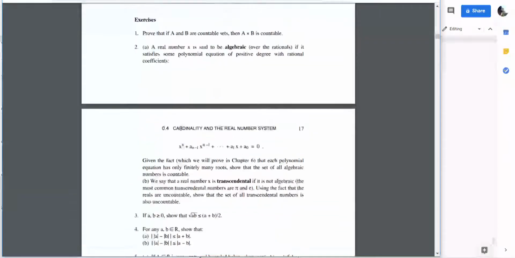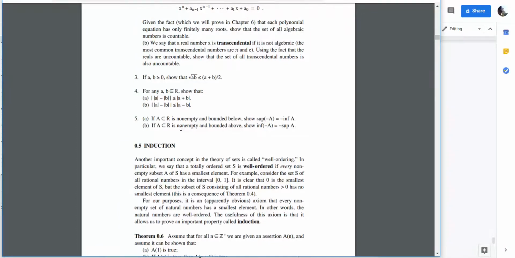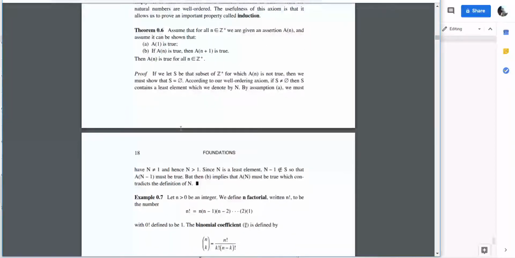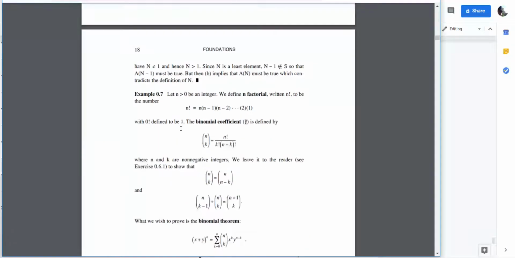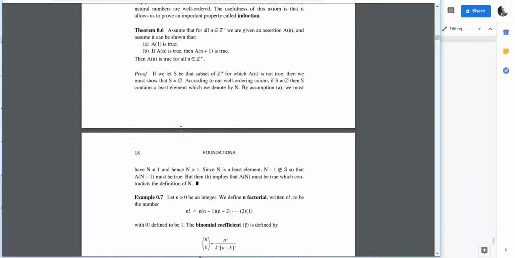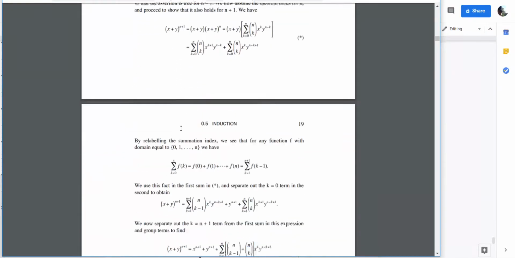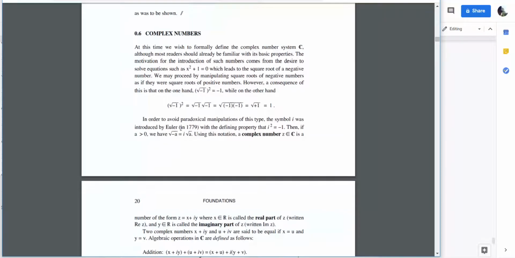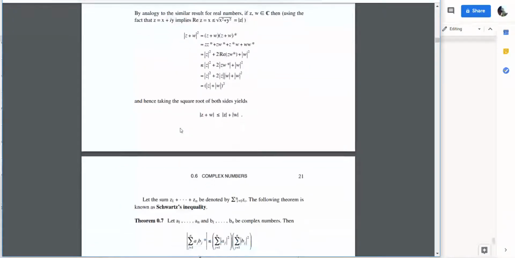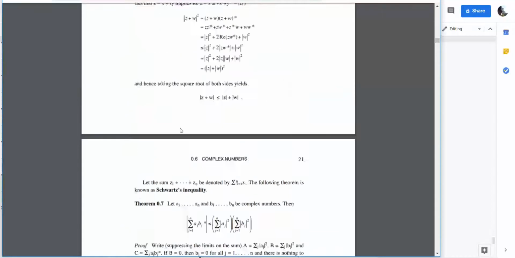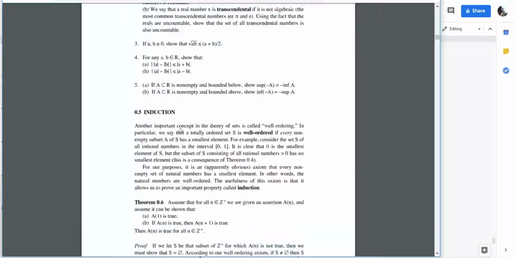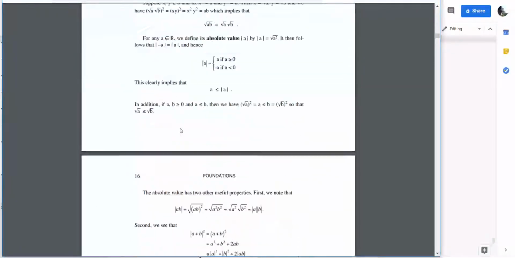Absolute value, induction. I'm sure what the induction is all about, though. And factorial. Oh yeah, we've actually studied this. We've actually gone through this, I believe. Yeah. Complex numbers.